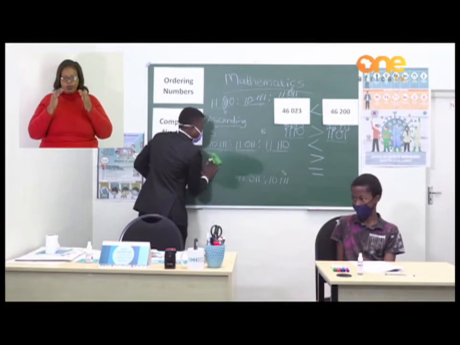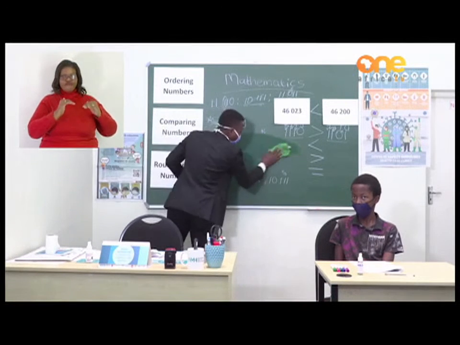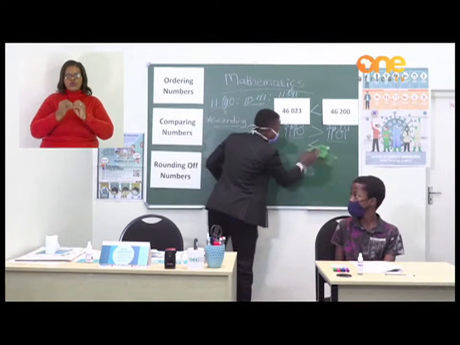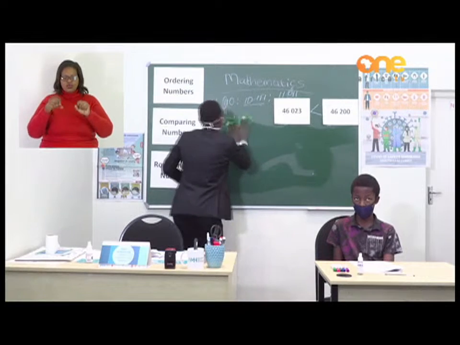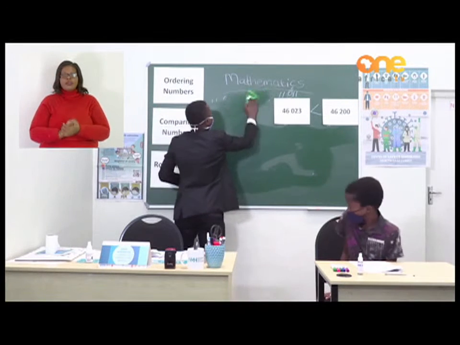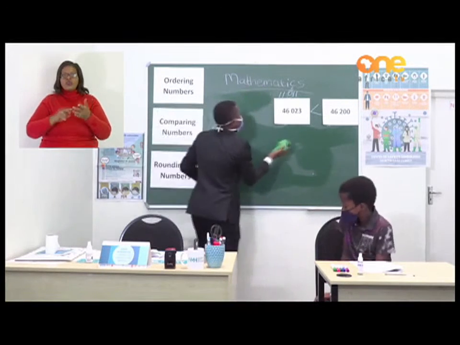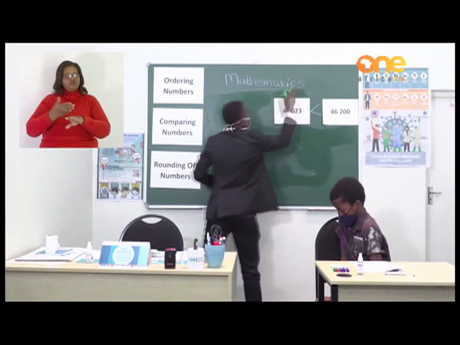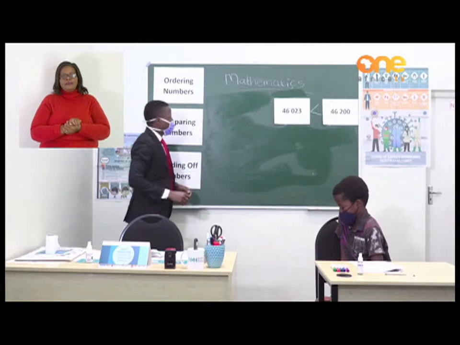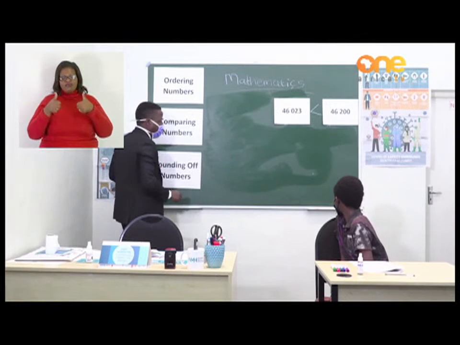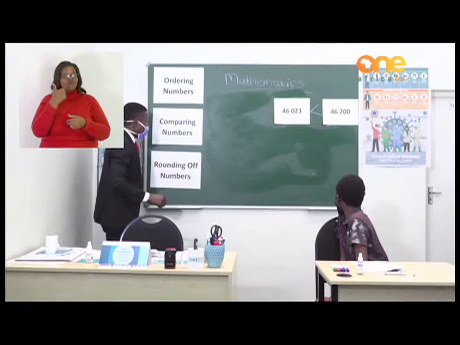Rounding of numbers requires a few certain things that you need to do as a person. And you need to remember these examples or points that I'm going to explain to you so that you will be a good learner when it comes to rounding of numbers.